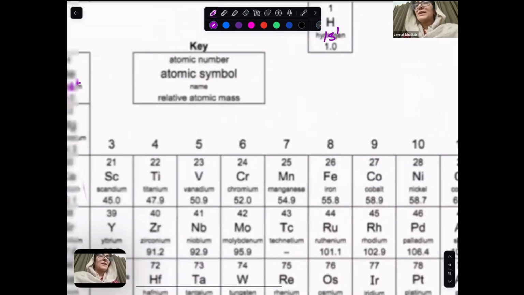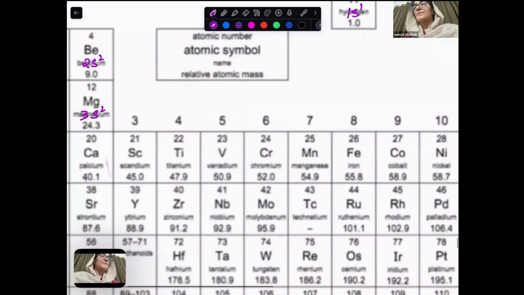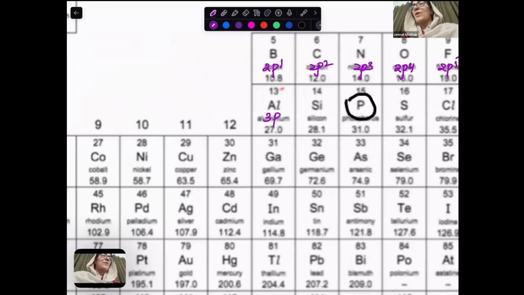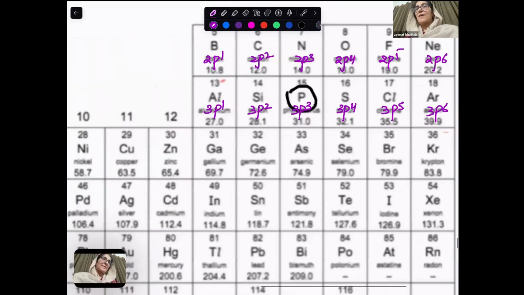Now 3s1, 3s2, 3p1, 3p2, 3p3, 3p4, 3p5, 3p6.